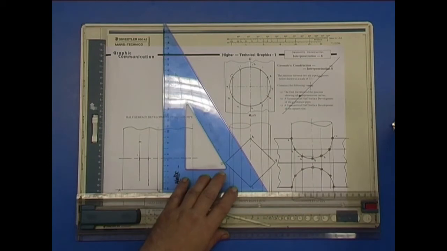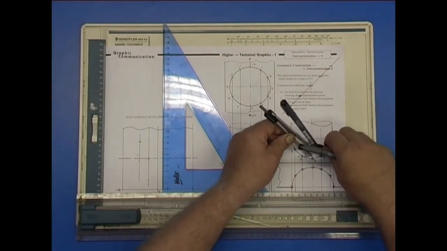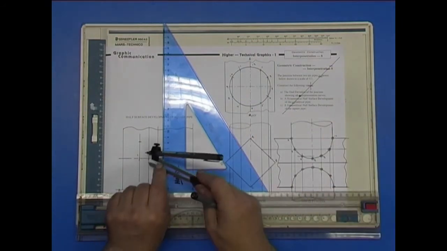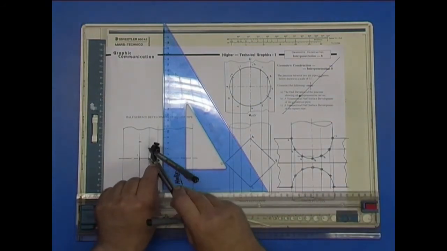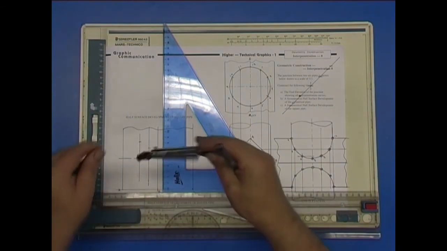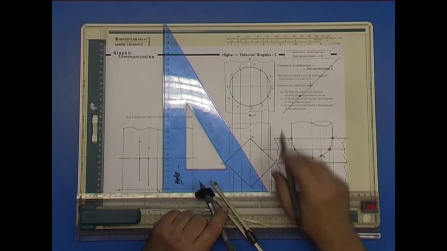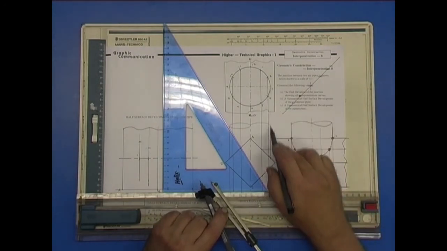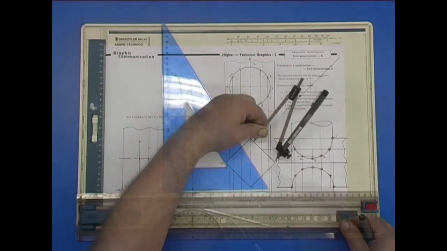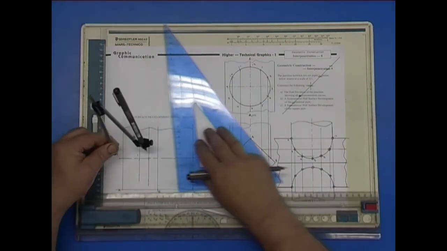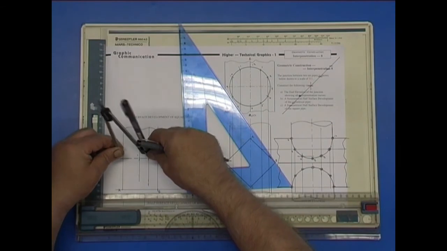Line 2 is there somewhere along to where it cuts it. Point 2, and point 3 is down there, from there, from A.